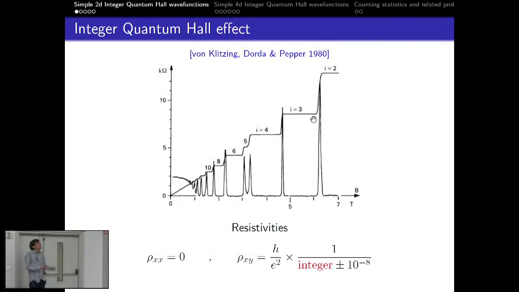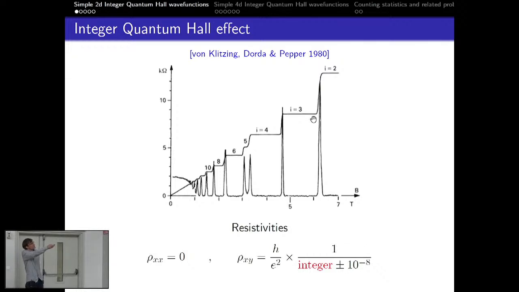There were already a few introductions to the quantum Hall effect, in particular by Nicolas. This is an experiment that was carried out in the 80s. I'm talking here about what's called the integer quantum Hall effect. You apply a very large magnetic field, and in some units you realize that the resistivity is almost perfectly quantized.